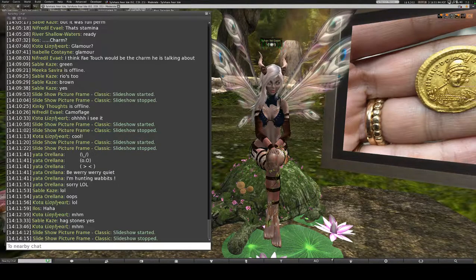Once the Fae has walked away from it, or as Sable and I were discussing earlier, once it is no longer in the sight of the Fae, so we could simply just turn our back, that object loses its glamour, and what is then seen is the object that is under that glamour.